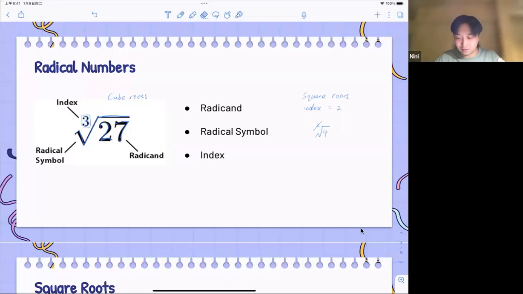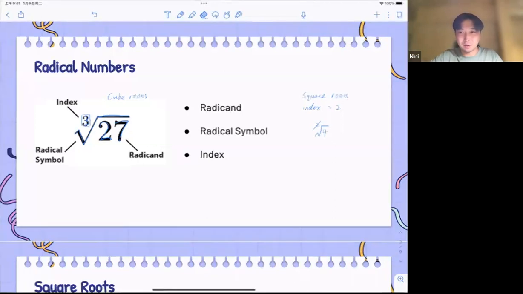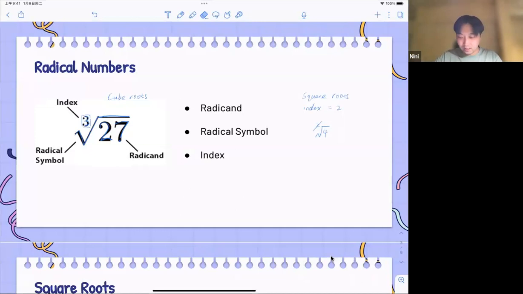That is because the square root is actually coming from yesterday's topic, if anyone can remember what we talked about yesterday. If we write 2 to the power of 2, we are writing it as 4, so when we take the square root of 4, it is equal to 2 in this case.